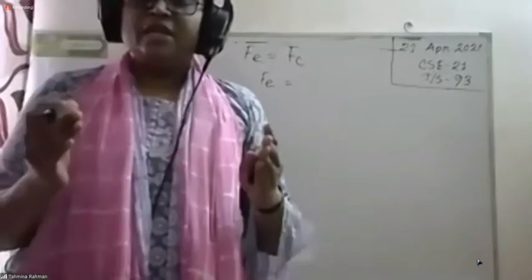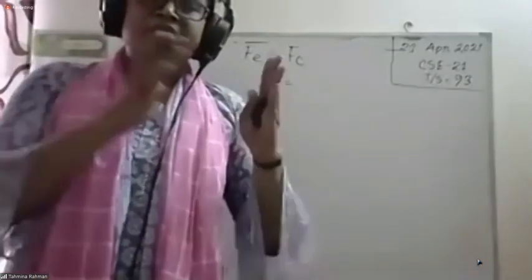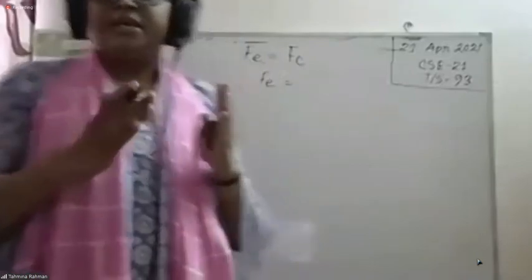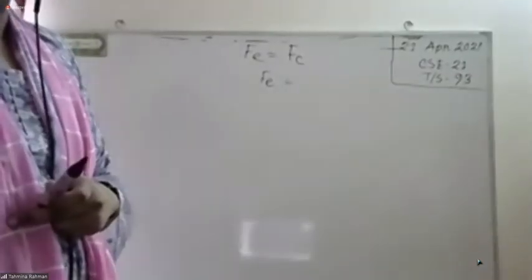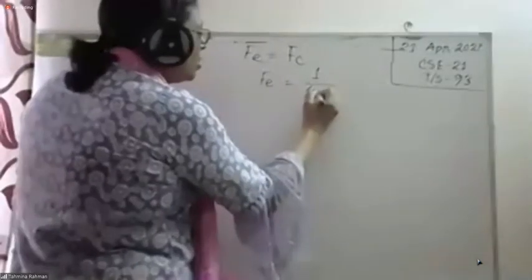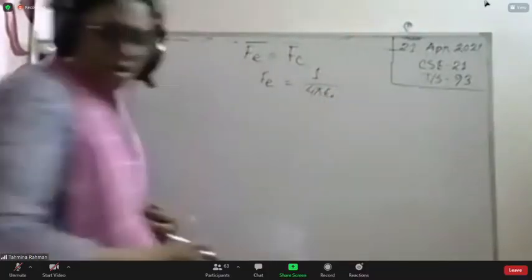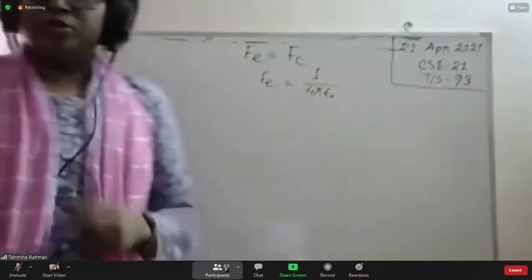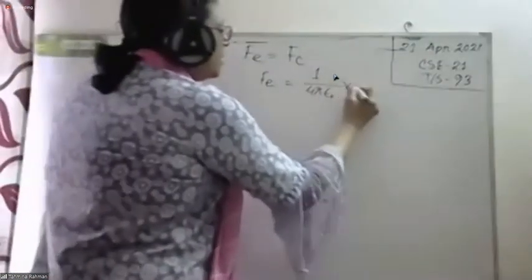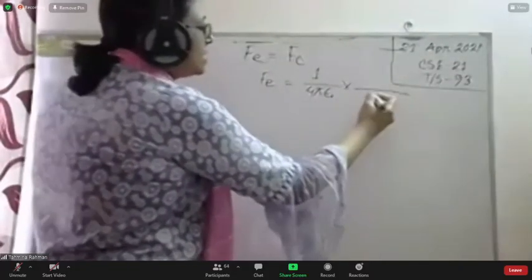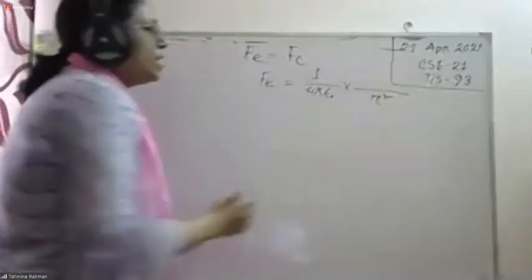There is a constant value, what is it? Not the numerical number 9 into 10 to the 9, but 1 by 4 pi epsilon naught. That is a proportionality constant, divided by distance squared, r squared.